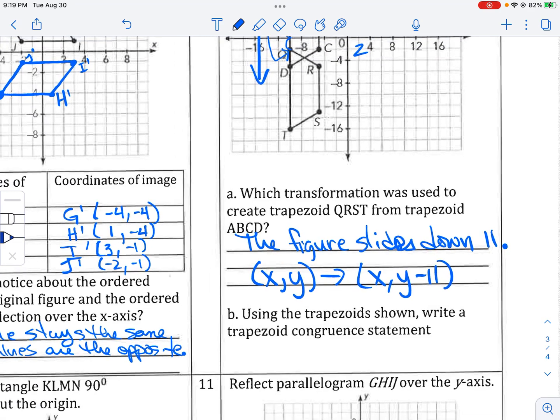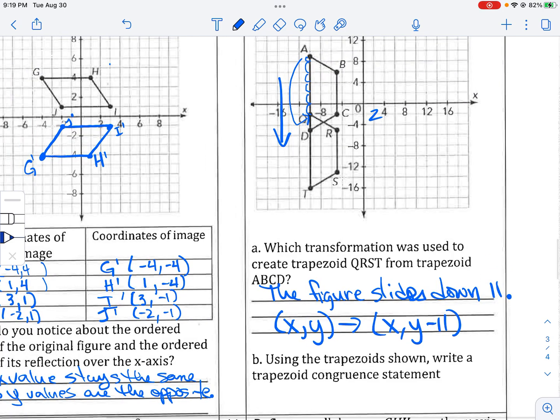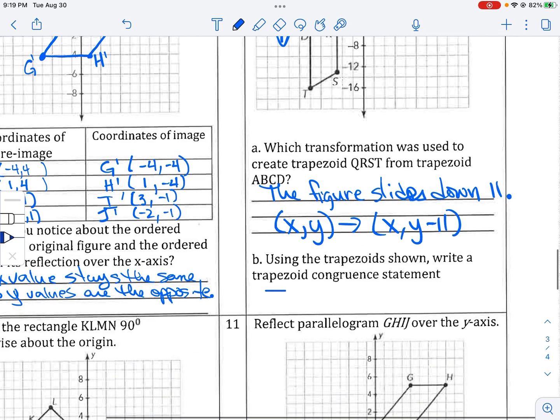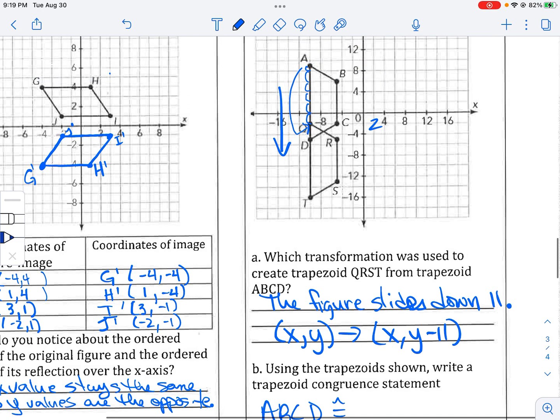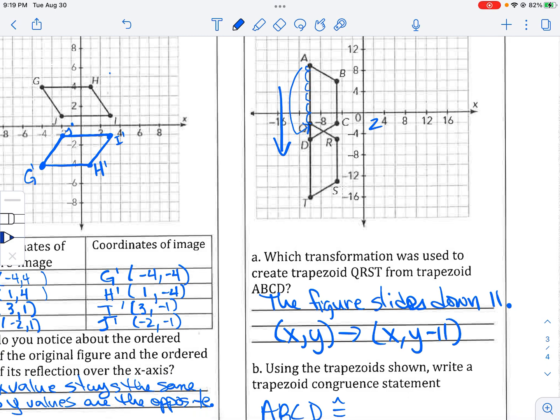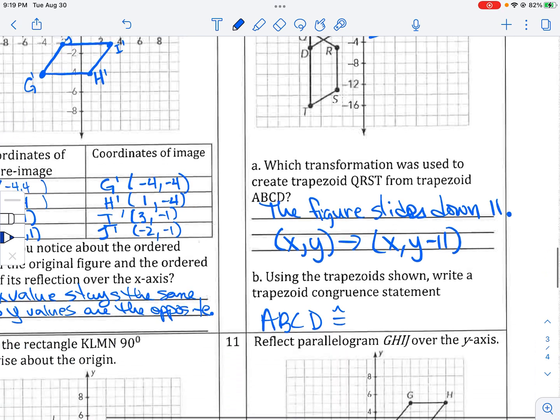If I would do a congruent statement, I would do A, B, C, D is congruent to Q, R, S, T.